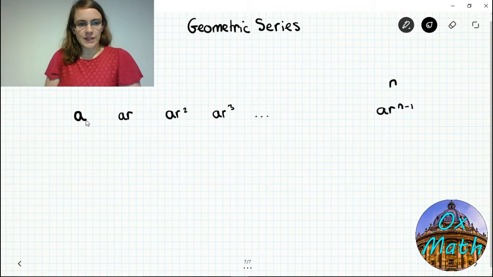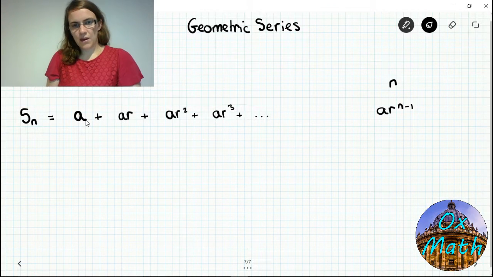So if we were finding the first n terms, we use the notation S with the subscript n. So Sn means the sum of the first n terms of a sequence. So if we are finding that, we need to just add each of these terms together all the way up to our nth term.